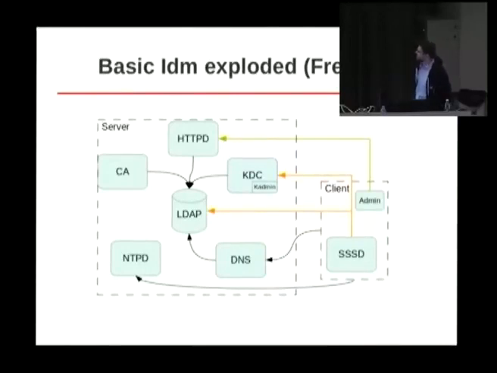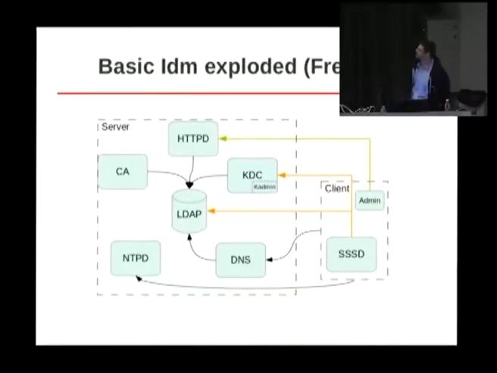LDAP is the central directory where all the information is kept. There is a KDC with its kadmin companion daemon that we use mostly for authentication. There is a CA component, that's PKI, that we use to manage certificates. And then there is a lot of code for the management interface that is built on Apache, just a simple web UI.